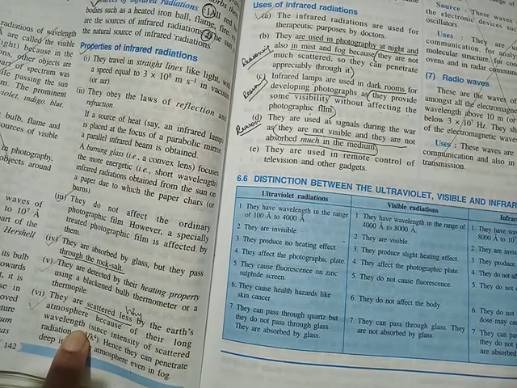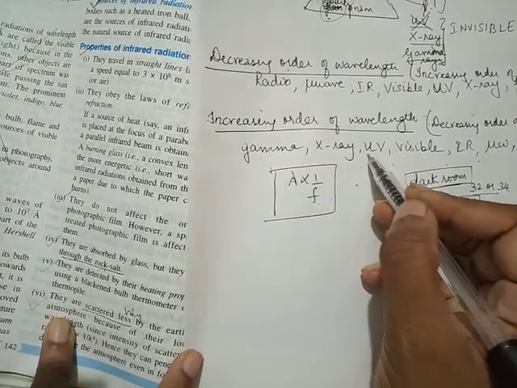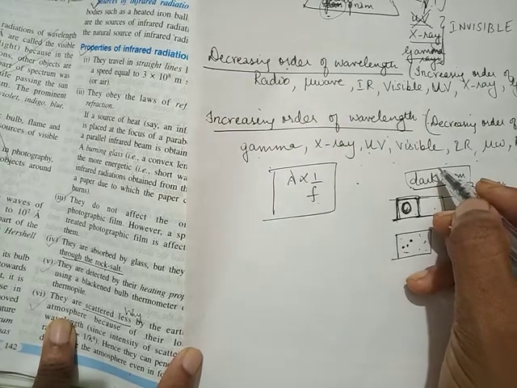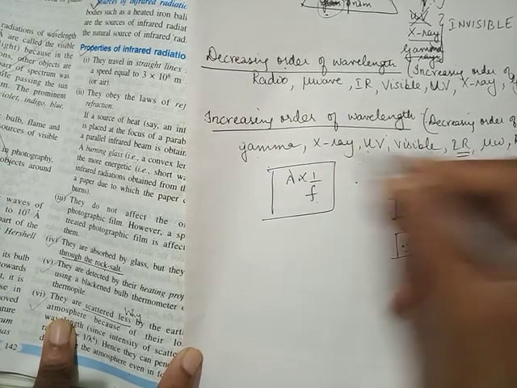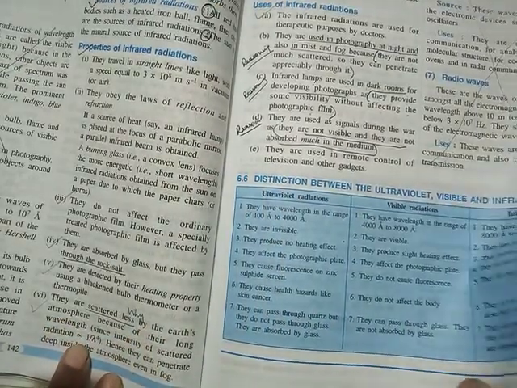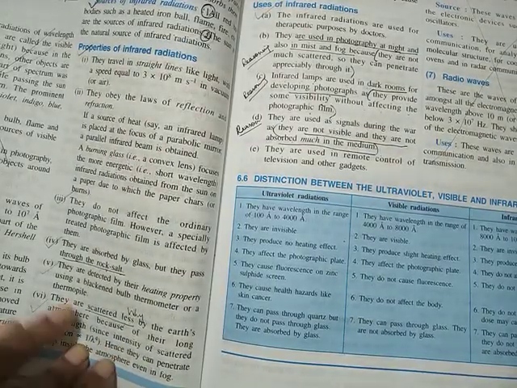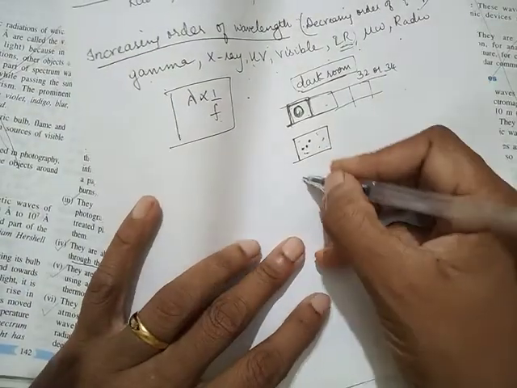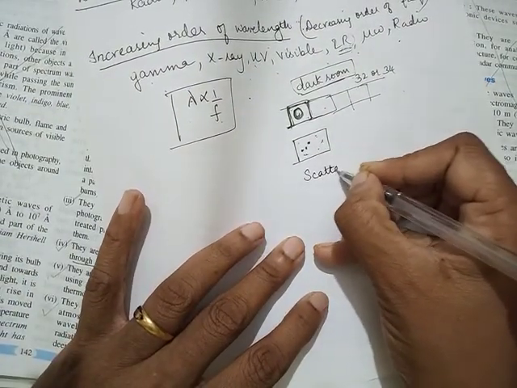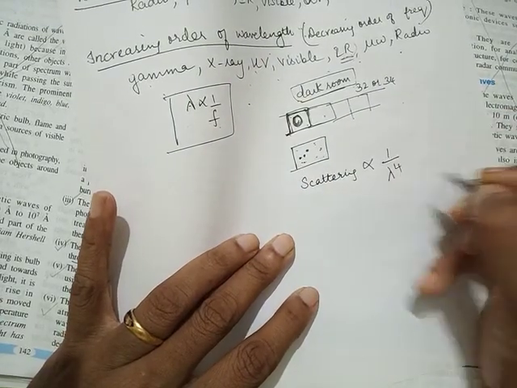Okay, so it is in the increasing order of wavelength. If you write, yeah, it is in the higher order of wavelength because its wavelength is more. Now this is in the C part, it has been cut, but you just have to know this because scattering is inversely proportional to lambda power 4.